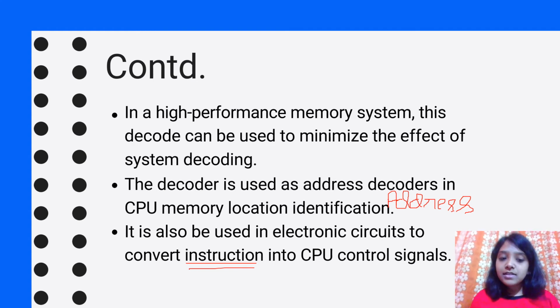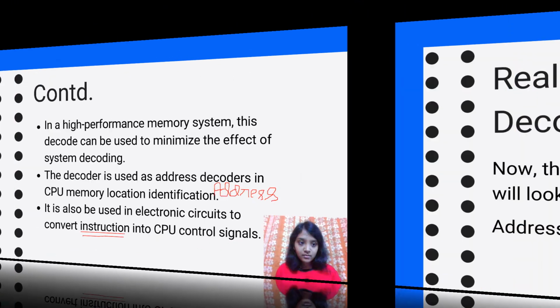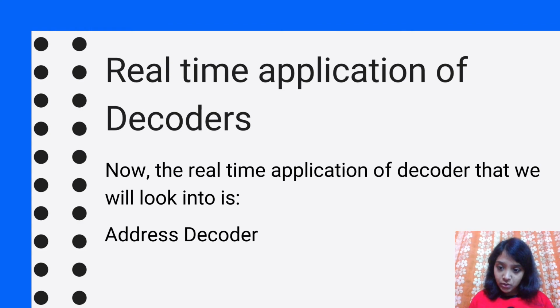In the upcoming slides, I'll be talking about address decoders in detail and how address decoders are used inside the CPU. Now let us see some real-time applications of decoders. For this, we'll take the example of address decoders.